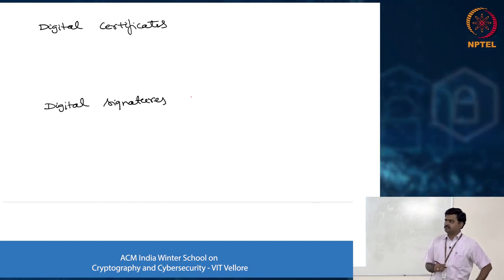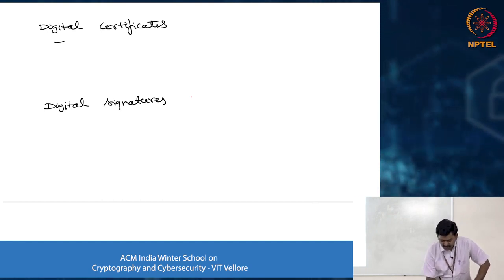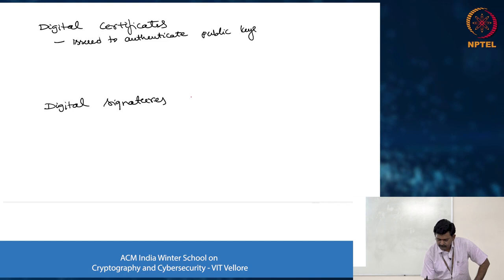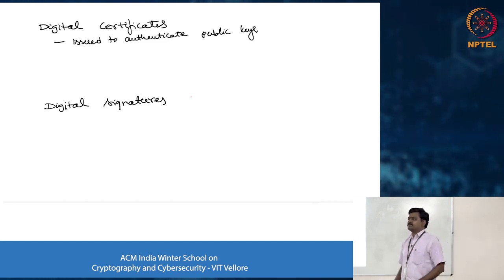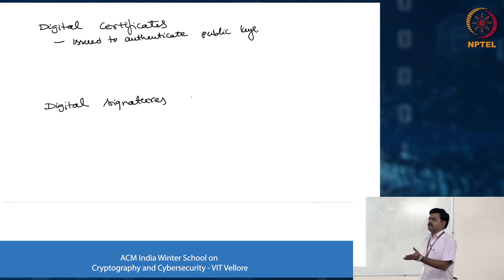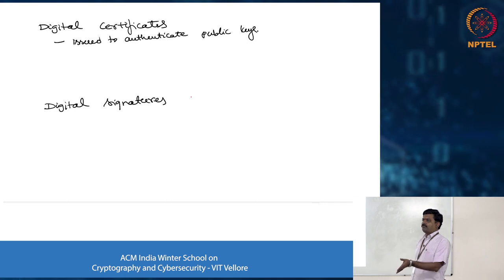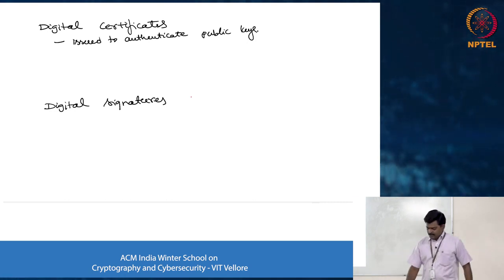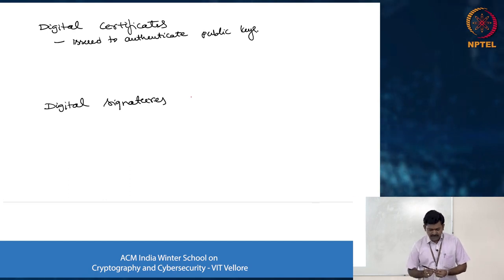How do I know? So certificates are issued to authenticate public keys. The digital certificate's purpose is to authenticate the public keys. Hey, look, this is the public key of Alice. And who says that? There should be a certificate authority who says that.